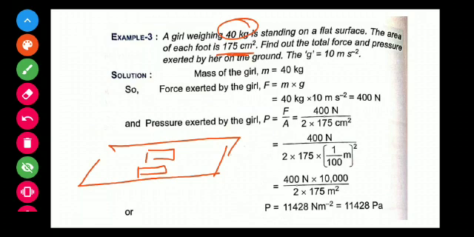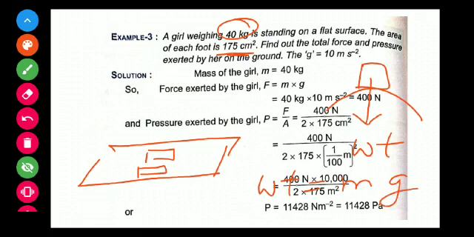First, find the force. What is the force? Force is the weight of the girl. And what is weight? Weight is equal to m into g, mass into acceleration due to gravity.